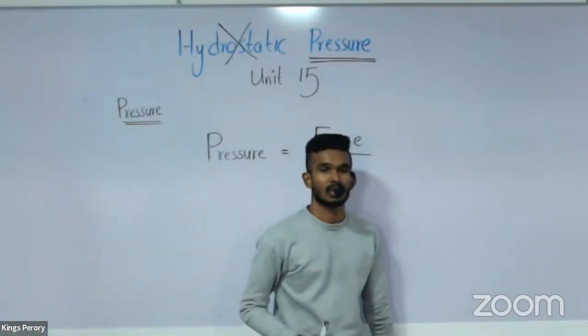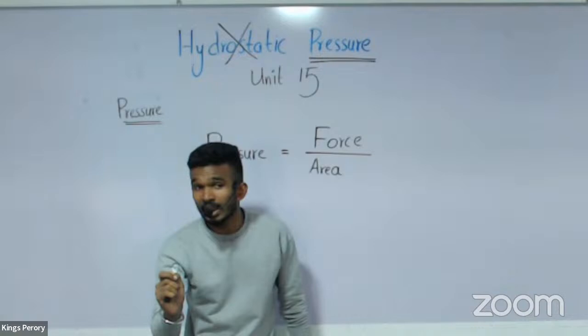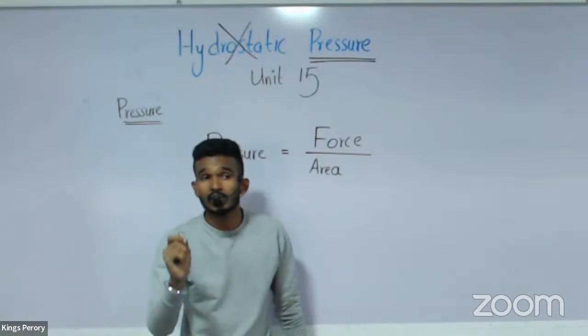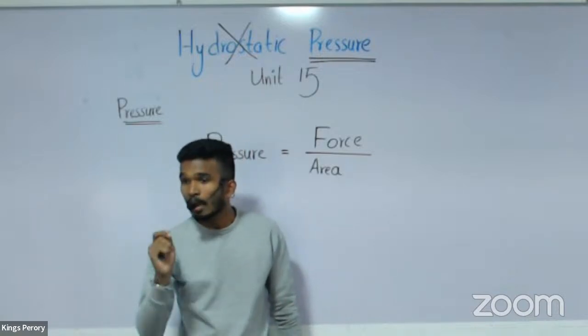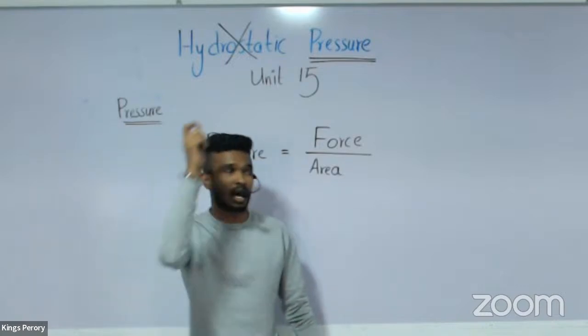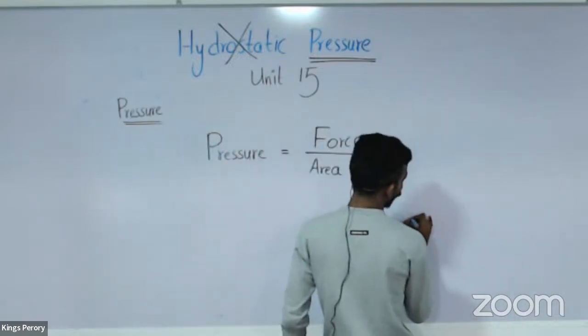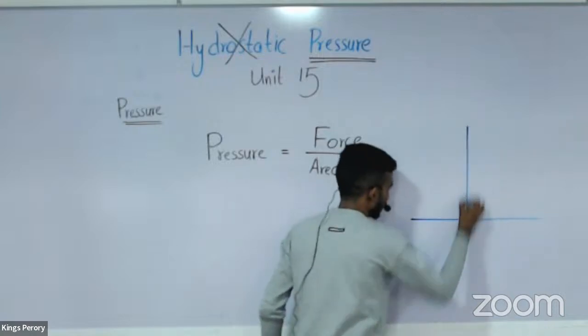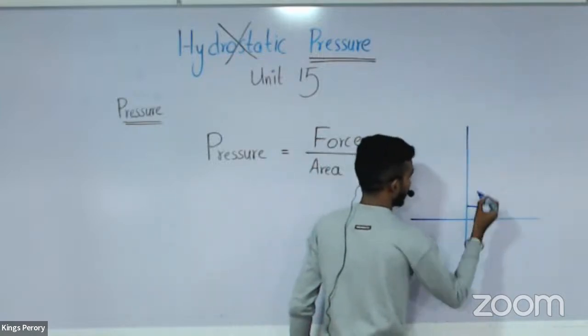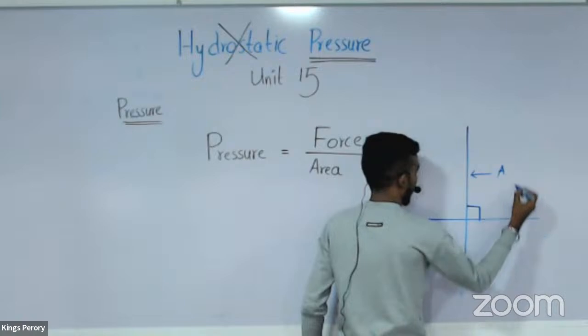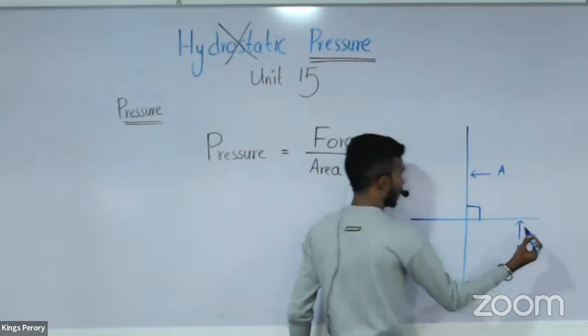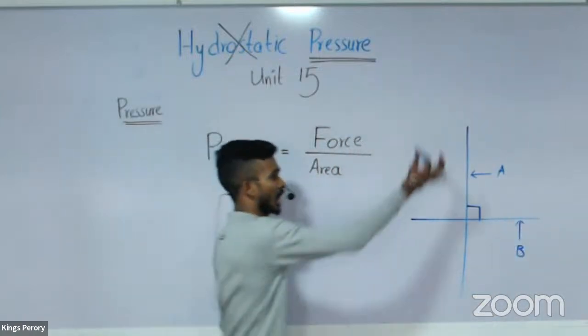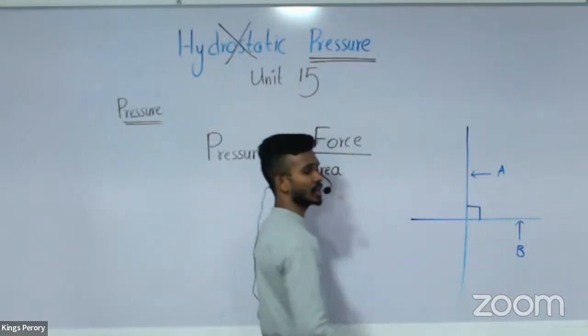But this force should be a perpendicular force. Now maths: what is perpendicular? 90 degrees. Line A perpendicular to line B means line A and line B are making 90 degrees.